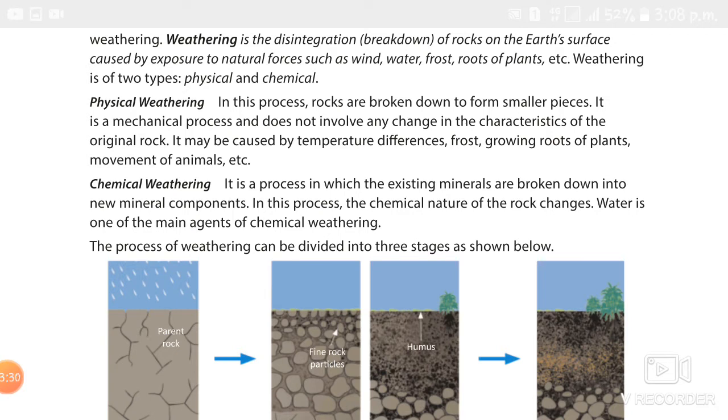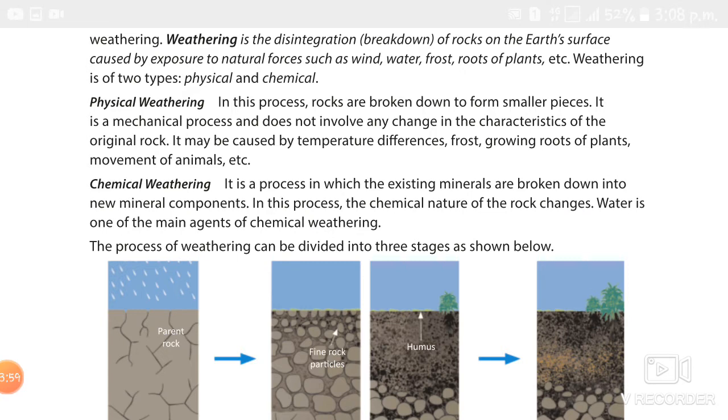In physical weathering there is no change at all, only the rocks are broken down into smaller pieces. But in chemical weathering, the rocks are broken down into smaller pieces, as well as the minerals being changed into new mineral components. Also, physical weathering is a mechanical process, while chemical weathering is a chemical process. Understand the difference between them.